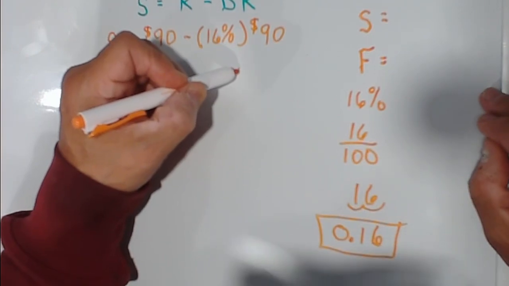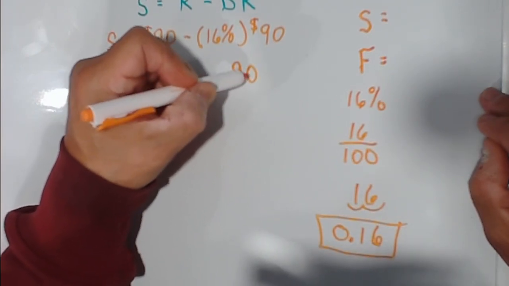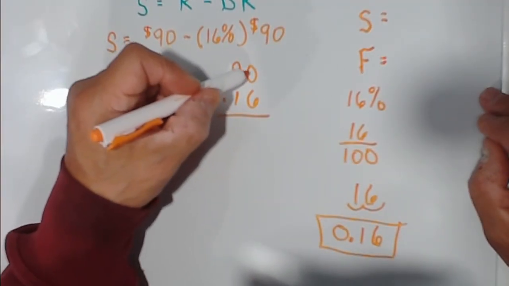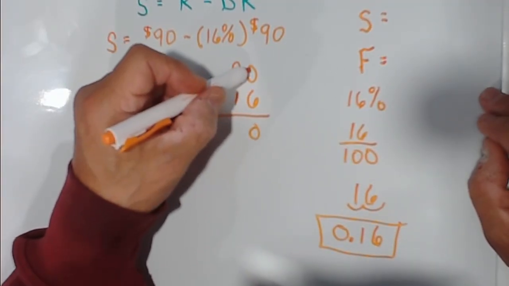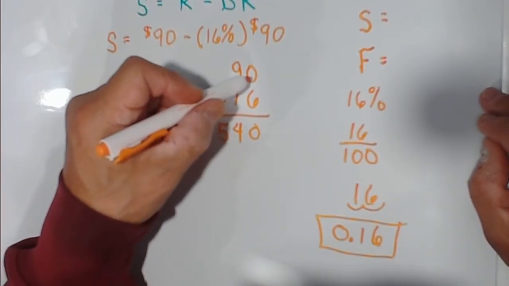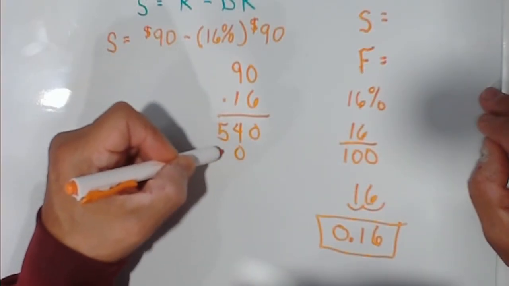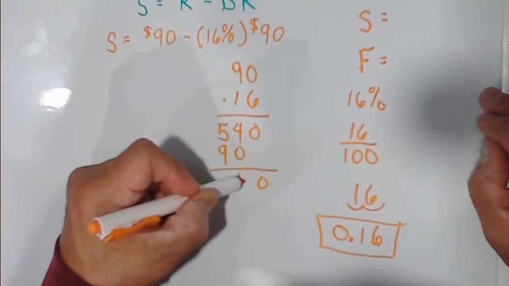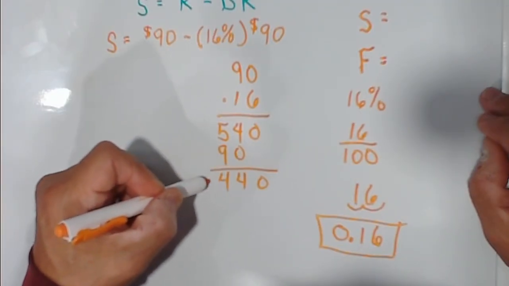Let's multiply it out. 6 times 0 is 0, 6 times 9 is 54. The 1 times 90 is 0 and a 9. Let's add this up: 0, 4, 14.